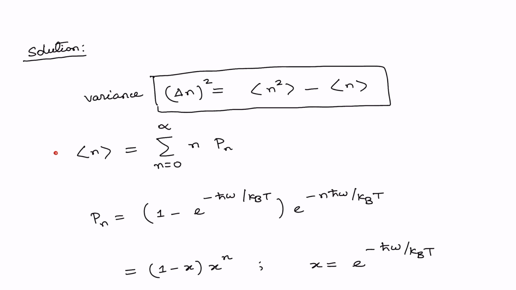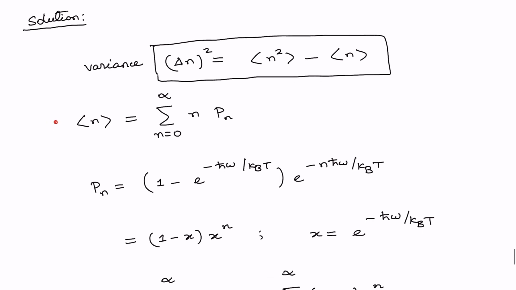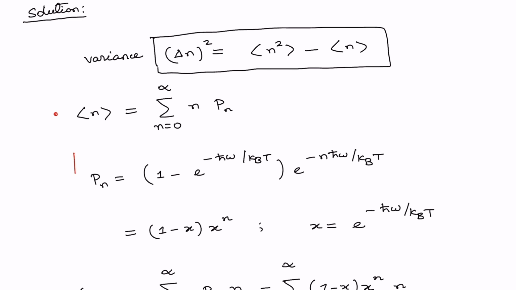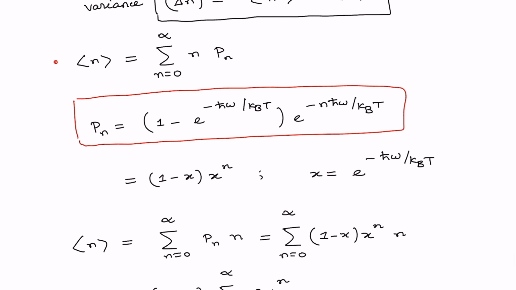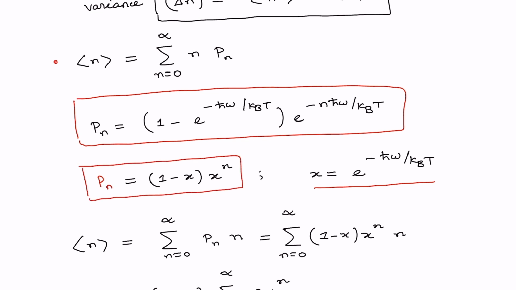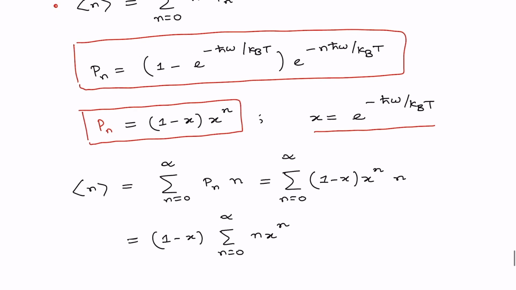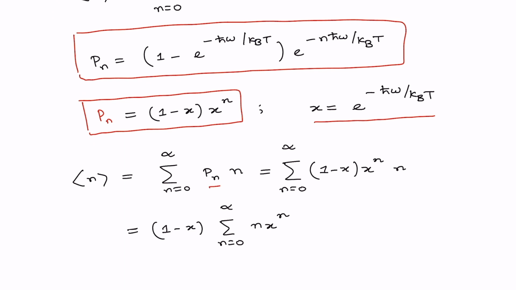You know that the Bose-Einstein distribution is followed by thermal light, and this is the distribution. Pn is this, and we can simplify it if I take x equal to e to the power h omega by kBT, then I get this very simple looking formula for the probability distribution. And if I put it in the expression here, this is what I have to finally work out.